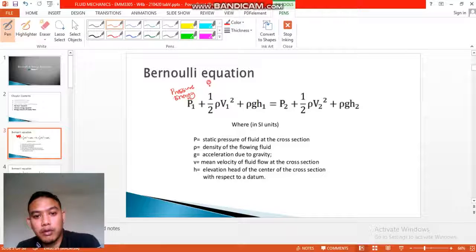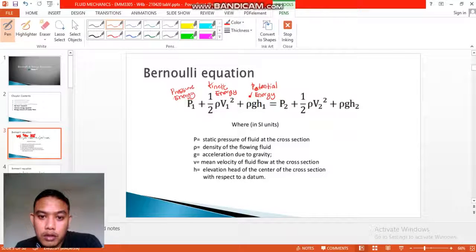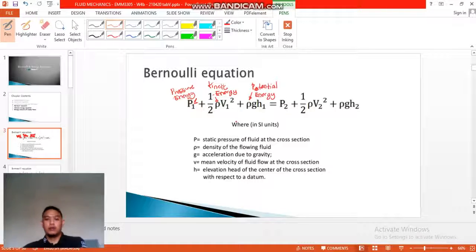Second, kinetic energy. Third, potential energy. So it involves these three main energies: pressure energy, kinetic energy and potential energy.